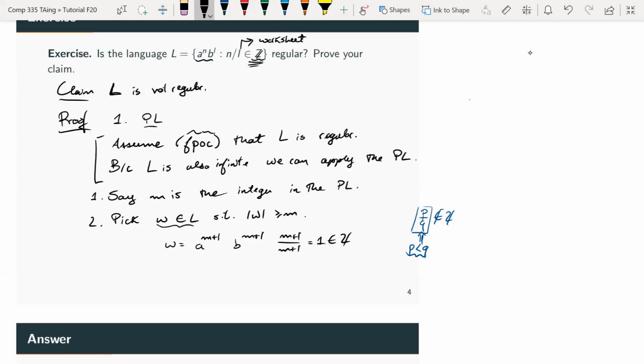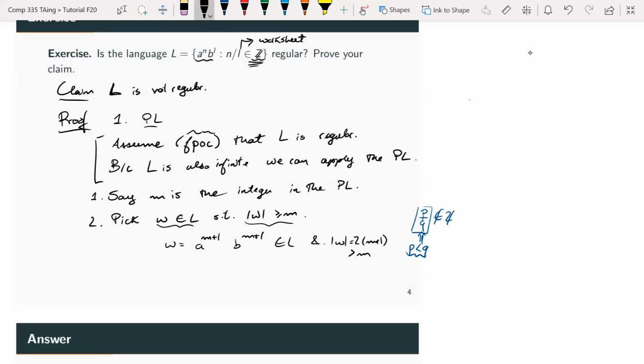So w is in L. Furthermore, the length of w is 2 times m plus 1, which is strictly greater than m. I know the length of w has to be at least m, and I have that. Okay, so I've picked my string w.